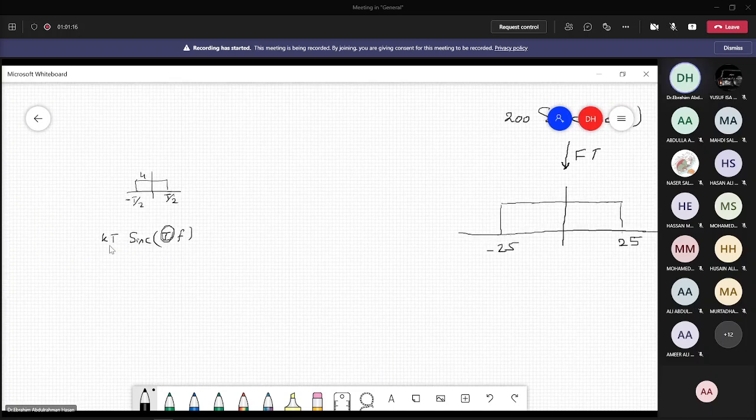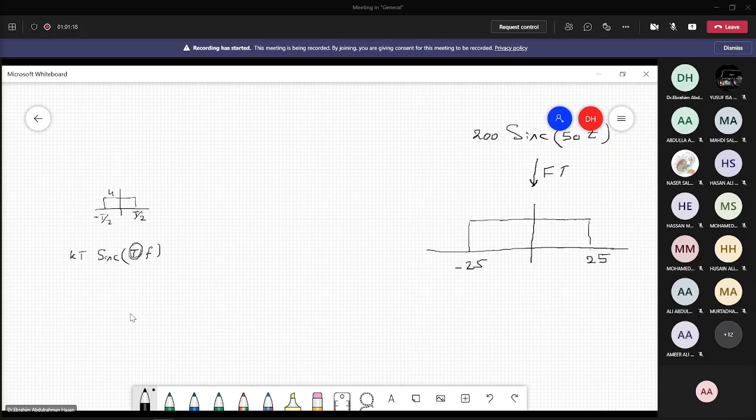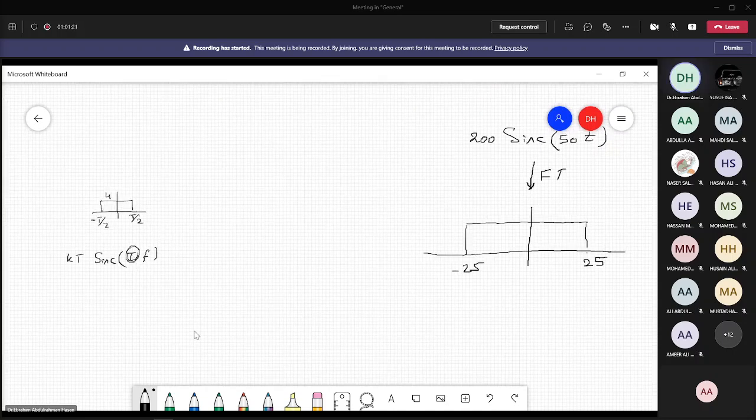Okay, K multiplied by T, which T is here, so K multiplied by T is equal to whatever we have in the front here, so it is 200. And T is equal to 50. So then K equal to 4. So this is equal to 4.